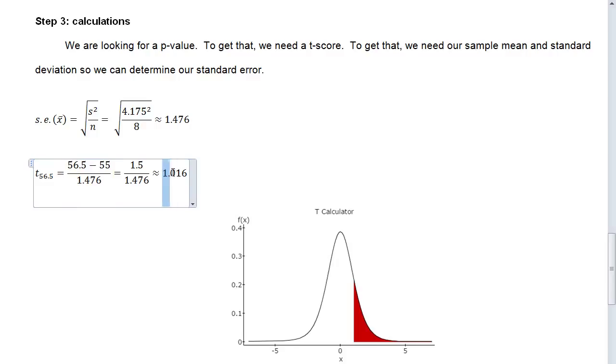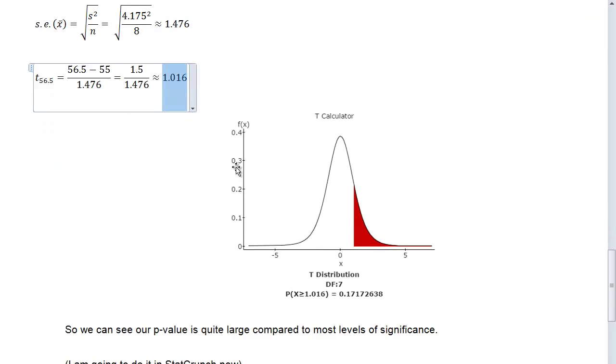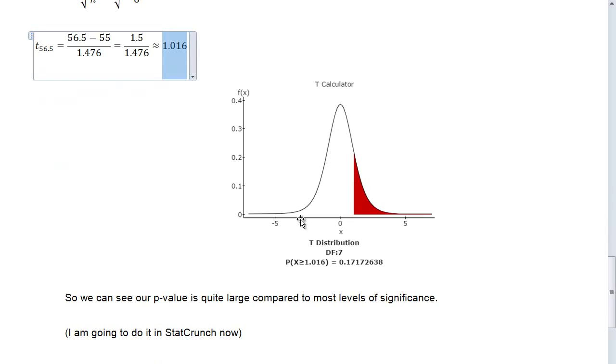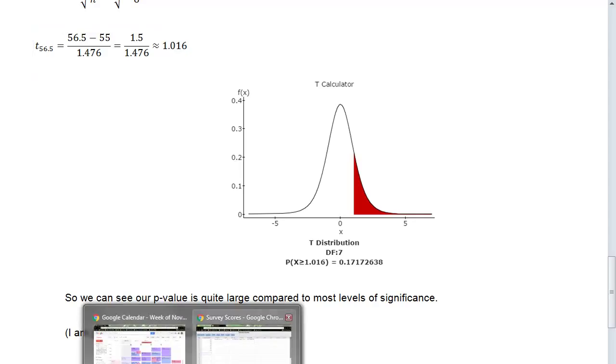And so when I simplify it, I'm going to get 1.016 as my t-score. All right, and so if I plug that into the t-calculator, I'm going to get this p-value right here. But I actually want to show this to you. So I'm going to switch over to StatCrunch again real quick.